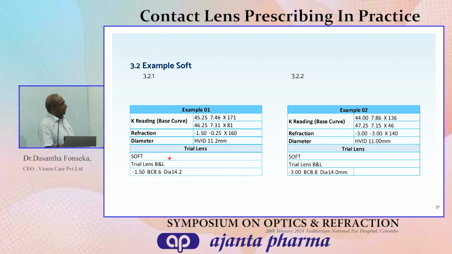The K reading is not like refraction; we are talking in millimeter numbers. This has a 7.46 horizontal K reading and a 7.31 vertical K reading, and the patient has minus 1.50 refractive error. Horizontal visible iris diameter is 11.2. In a case like that, the trial lens we have is minus 3.